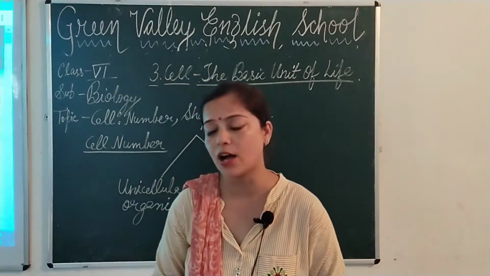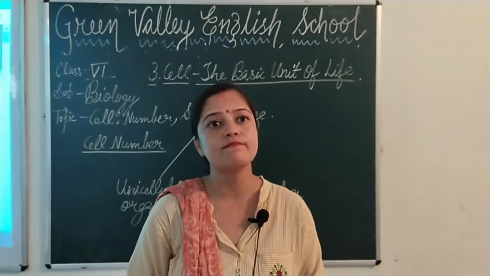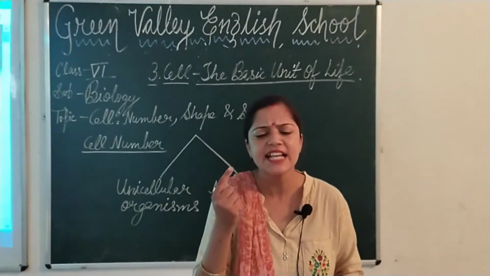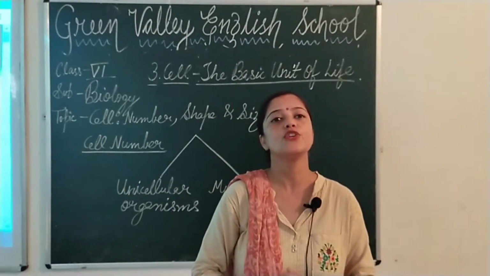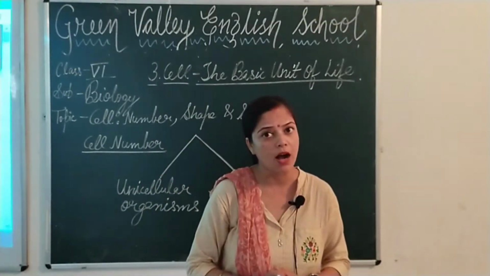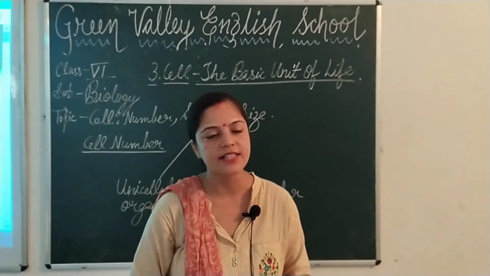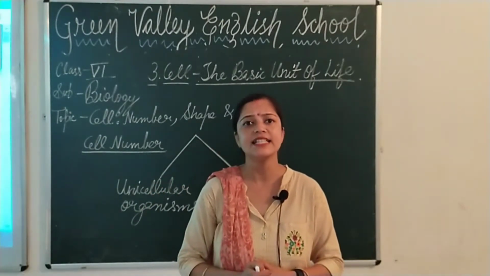Organisms made up of a single cell are called unicellular organisms. Examples: amoeba, paramecium, euglena, chlamydomonas, bacterium and yeast.